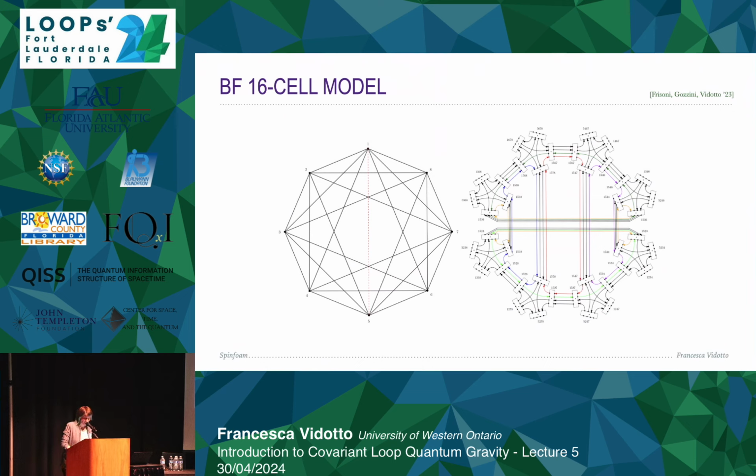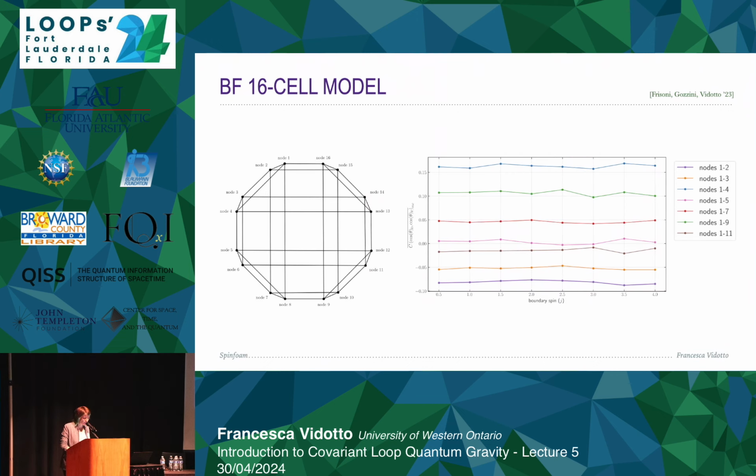So we studied, again, the correlations of my observables here. So you can study how different nodes, for instance, the curvature and the volume at a given node, are correlated with curvature and volumes at other nodes. And this is the result we got so far.